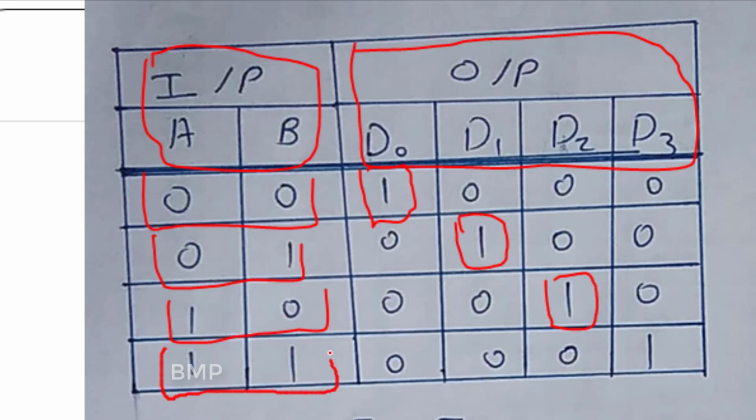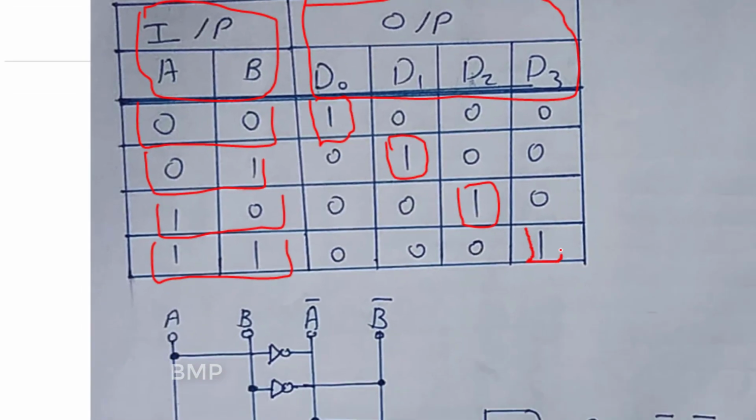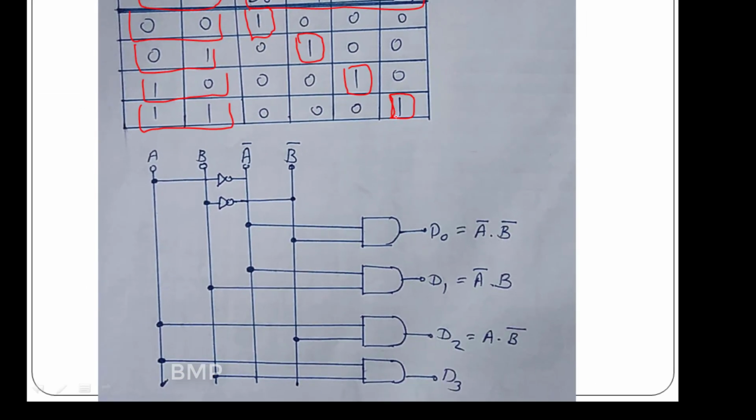And when both the inputs are high, or 1, we get D3 as an output. As you can see, in decoders we get outputs in the form of a diagonal, so it is very easy to remember the truth table of decoders.